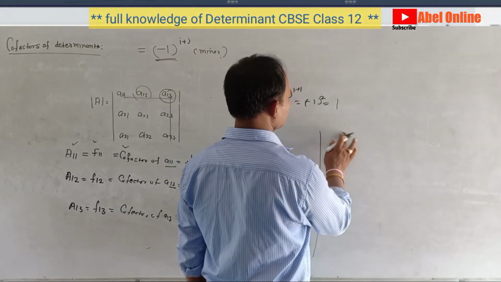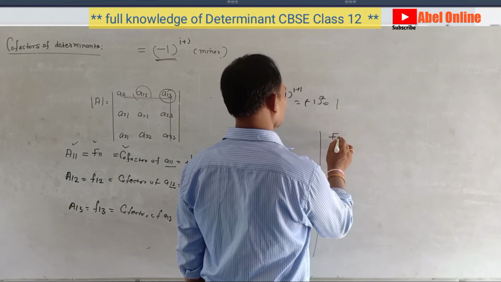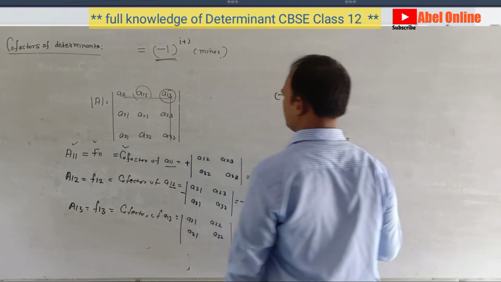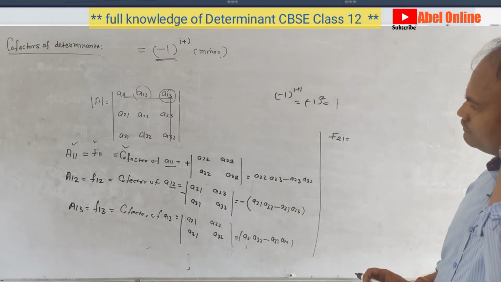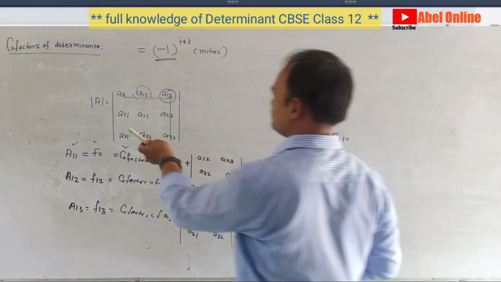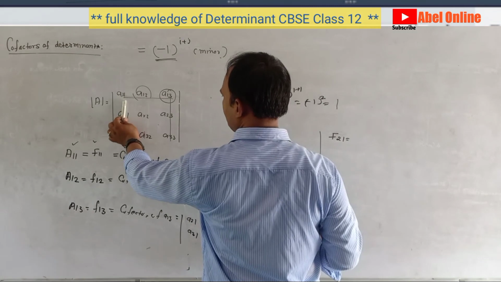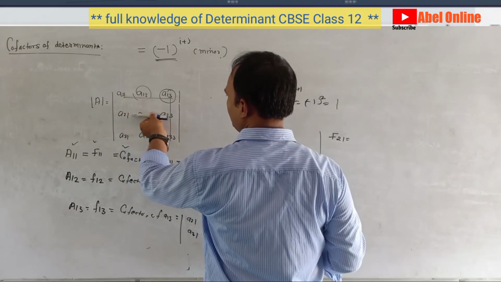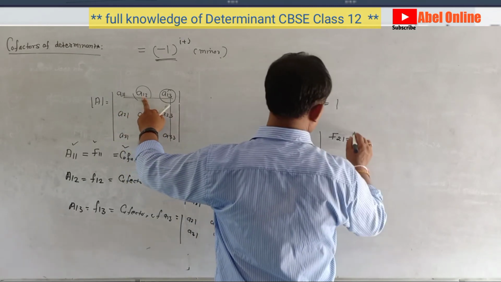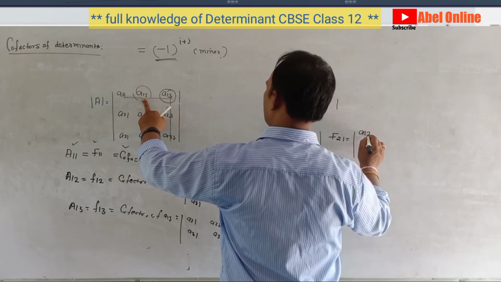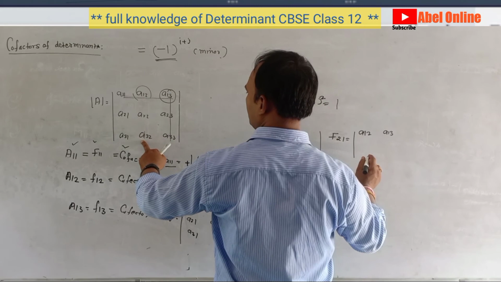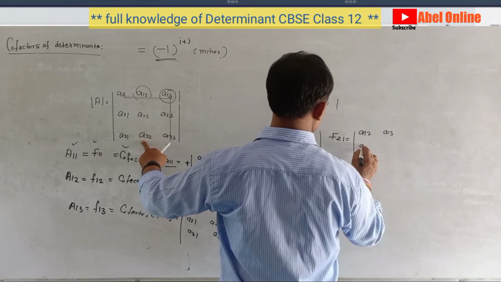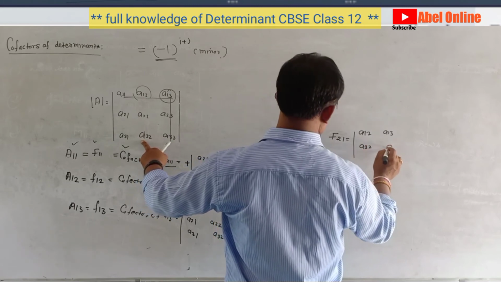Okay, that is A13. Now A21 means F21. What about F21? These row and column elements are eliminated, so the remaining part is A12, A13, A32, A33.